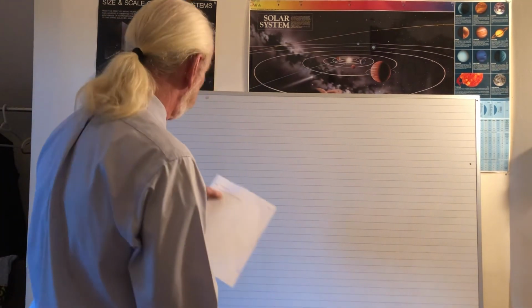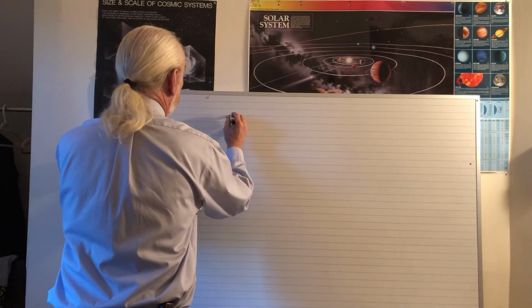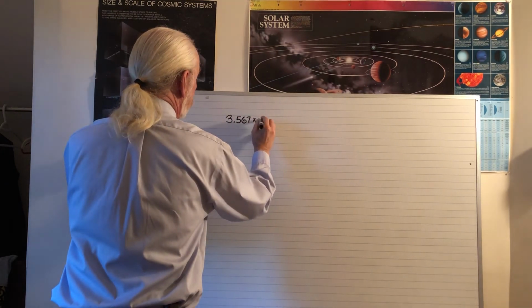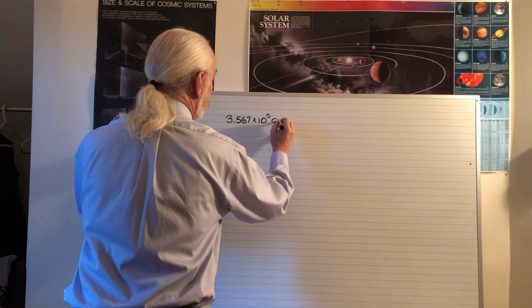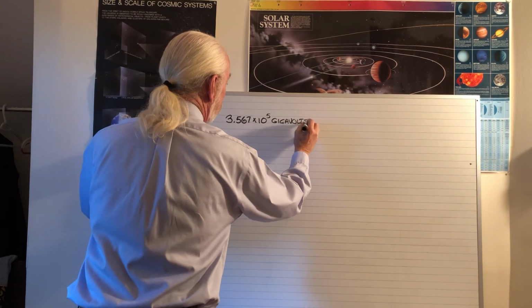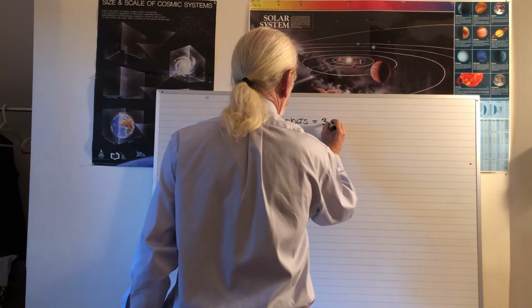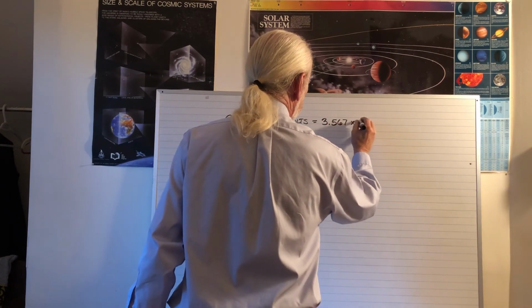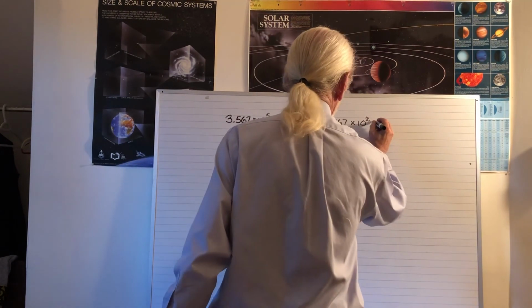So my original problem is 3.567 times 10 to the 5th gigavolts. Equals 3.567 times 10 to the x millivolts.